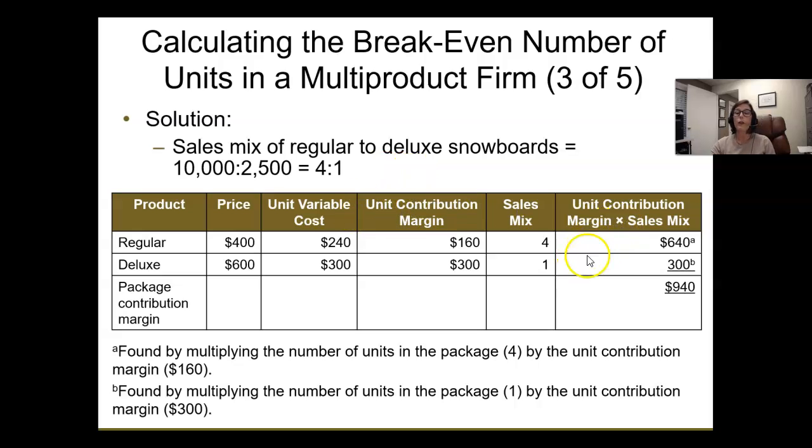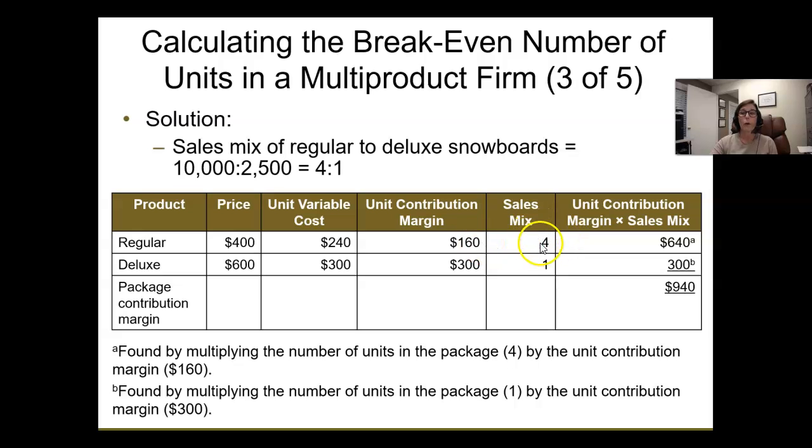So now we look at what portion of the contribution is made by each unit. So we've got our regular that is $400 a unit. We've got the unit variable costs of $240. And then after we've covered our costs, there is $160 left per unit that can be contributed to overhead.